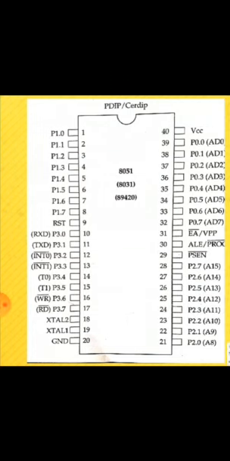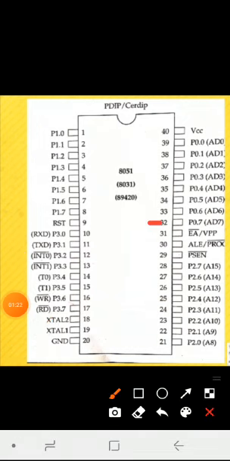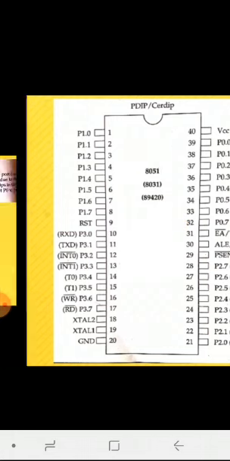This port 0 consists of 8 pins. You can see here the location for port 0 is from 32 to 39, P0.0 to P0.7. These pins are multiplexed pins, meaning they can be used for both address and data.